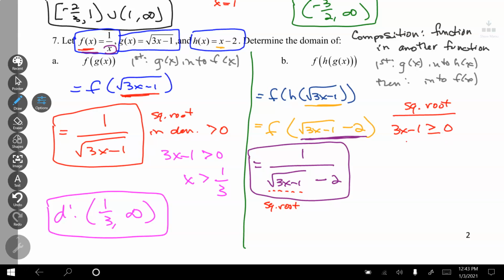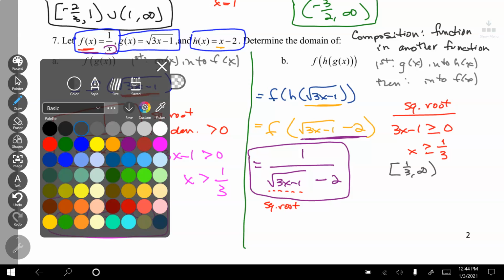And I get 3x is, well, I could just go add 1 divided by 3, and I get x is greater than or equal to 1/3. So right now my domain would be brackets 1/3 to infinity. I'm allowed to have 0. I'm allowed to have this expression equal to 0 because I'm subtracting 2 from it later. And I could divide by -2.